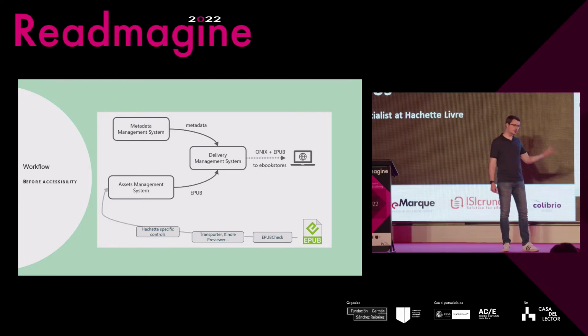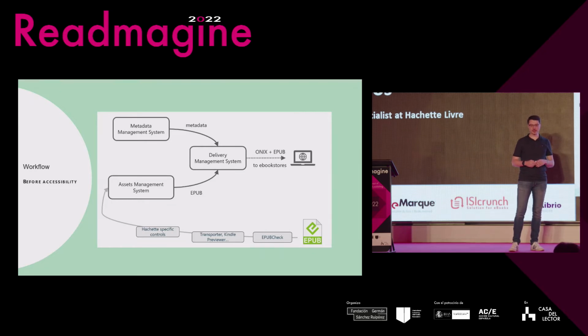We also have Transporter for Apple, Kindle Previewer for Amazon, and we added Hachette-specific controls for retrocompatibility between EPUB 3 and EPUB 2, and for the quality, to be sure we have a high quality of production for our EPUB 3. So we have all these tools at the input of the asset management system, but we don't know, using these tools, if an EPUB is accessible or not.